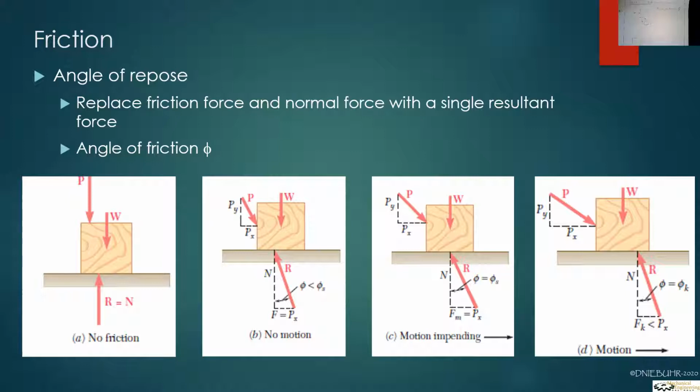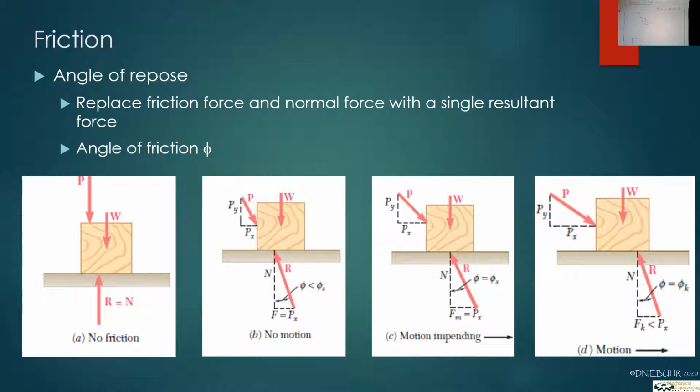This is in B, but you haven't applied enough force to get the object to move. And then in C, you've put enough lateral force so that now your force is great enough that it's going to cause motion. And then in the final one, you've exceeded the friction force and now you have motion.